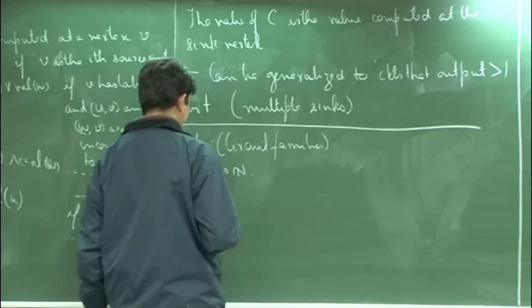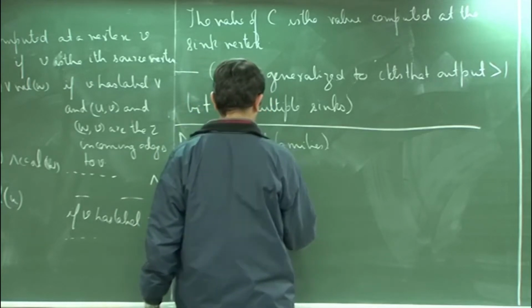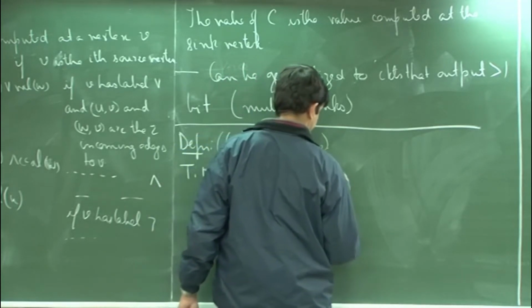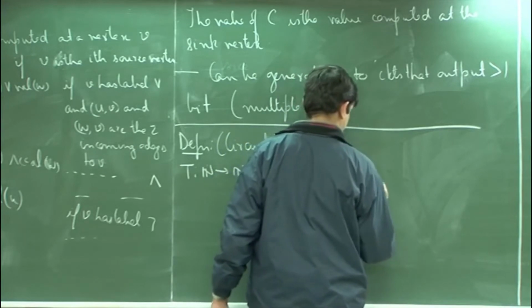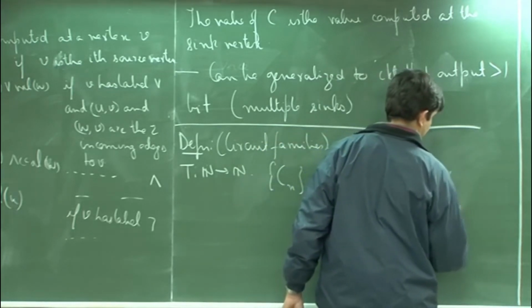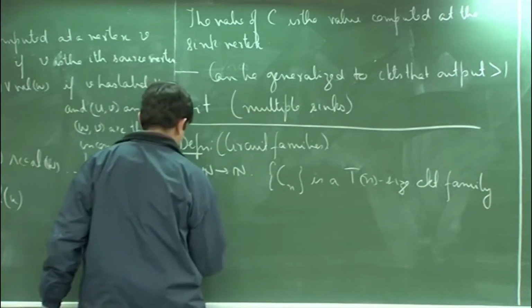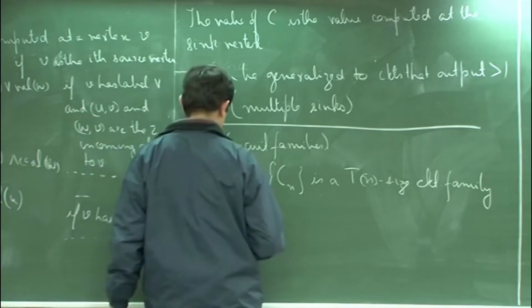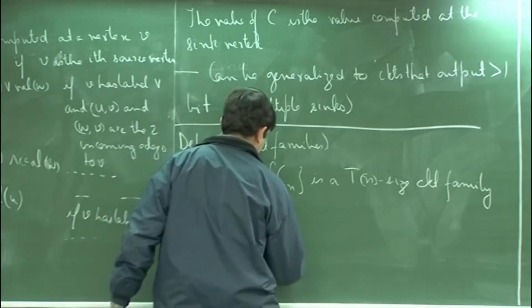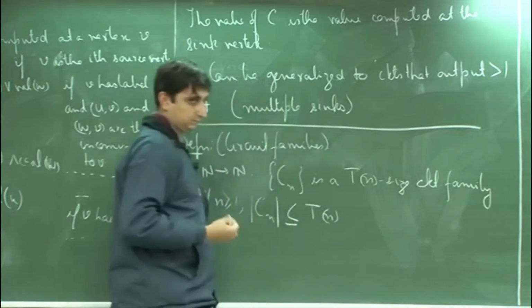We say that C_n is a T(n) size circuit family if for all n the size of that circuit is less than or equal to T of n.